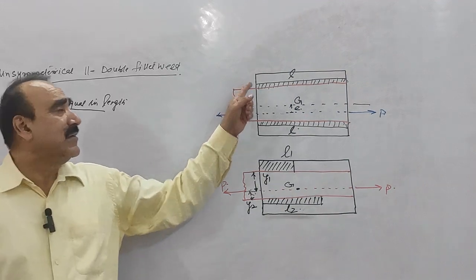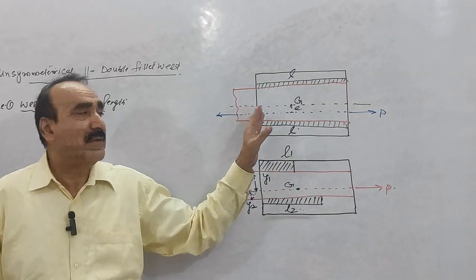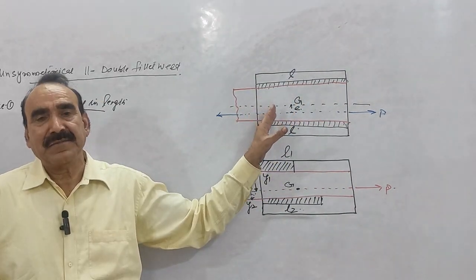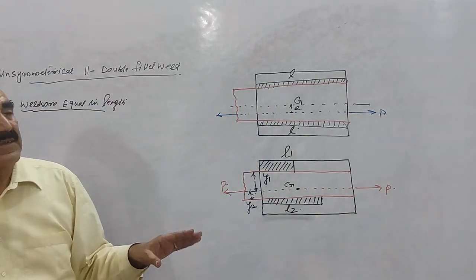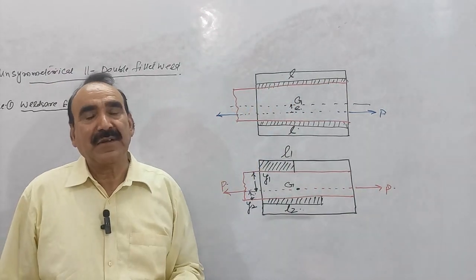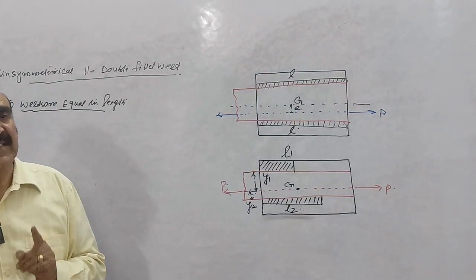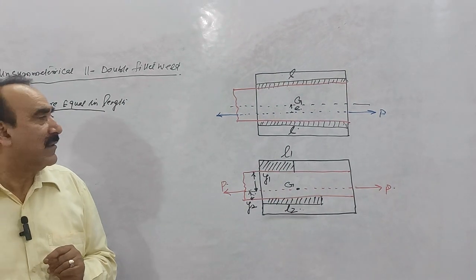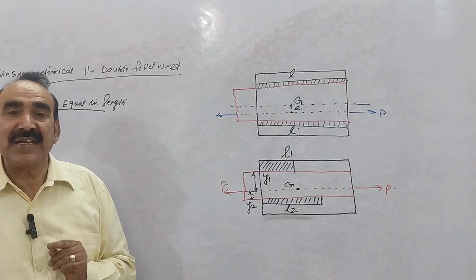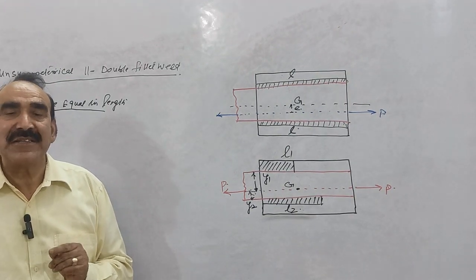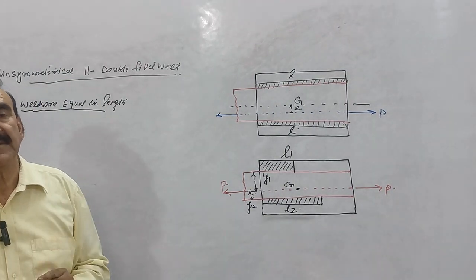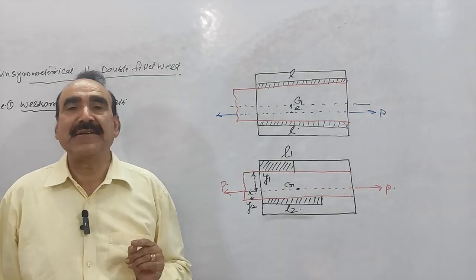Reason is that this is actually your parallel fillet weld and the length of the weld is same, so the centroid is lying here. The point is, the force which is acting on the plates, or the line of action of the force, is not passing through CG, is not passing through the centroid.